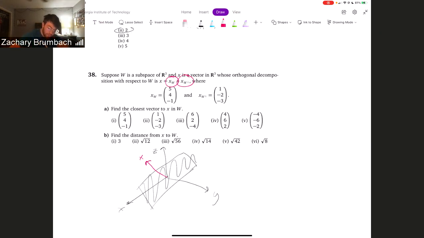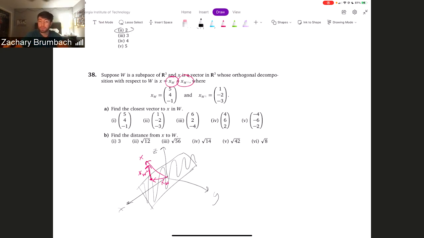So what that breaks down to, visually, draw our little line down to the closest point on the plane, okay? This vector here is x on w, and this is x on w orthogonal. Those are the two vectors that compose x, right? That is a definition that is very, very helpful to learn.